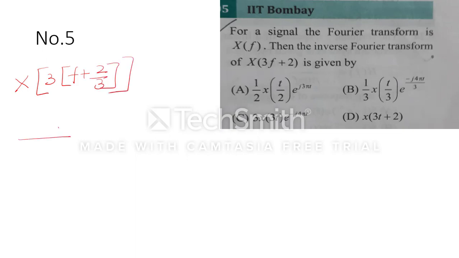So its transform will be 1/3 x(t/3), but because in frequency shifting the opposite sign comes, e to the power minus j, if we write in terms of 2πf, it will be 4πt/3. So the correct option will be the B option.